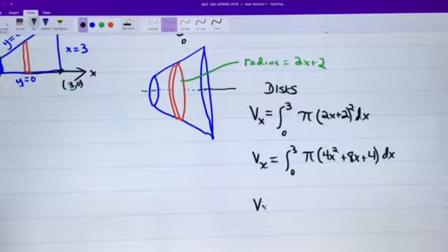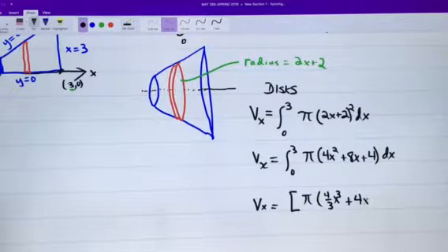And taking what we have in the antiderivative, we have pi times the quantity 4/3 x cubed. The antiderivative of 8x will be 4x squared, and then plus 4x, as x goes from 0 to 3.